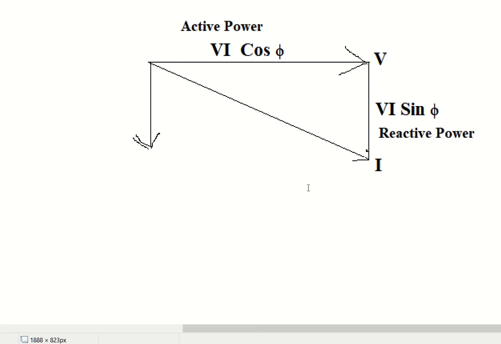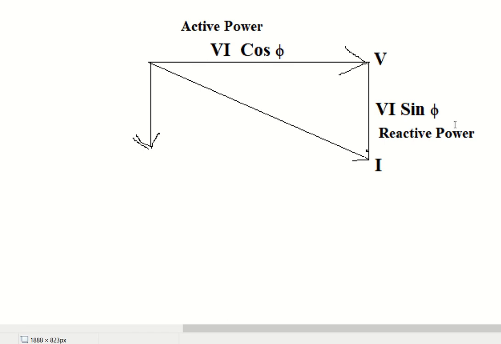Right, this is reactive power. And what does reactive power do? Reactive power is power that we normally don't consume, but it is important in the transmission lines and many other purposes, which we will discuss as we move further in the chapter.